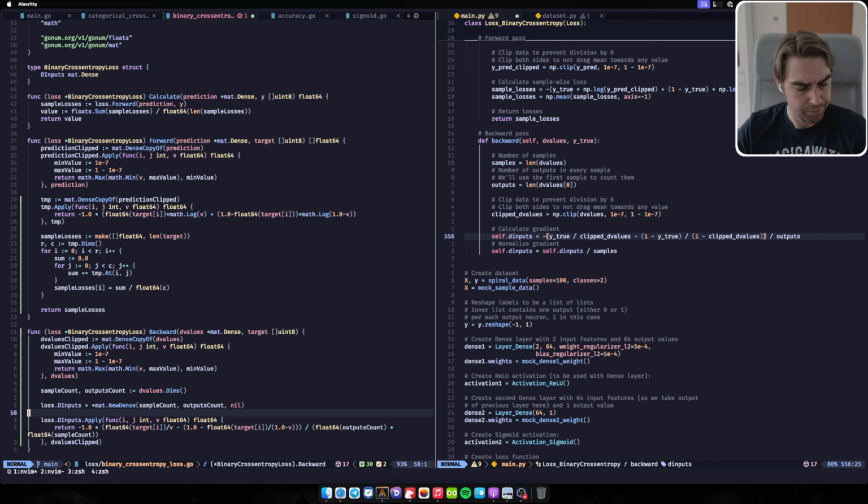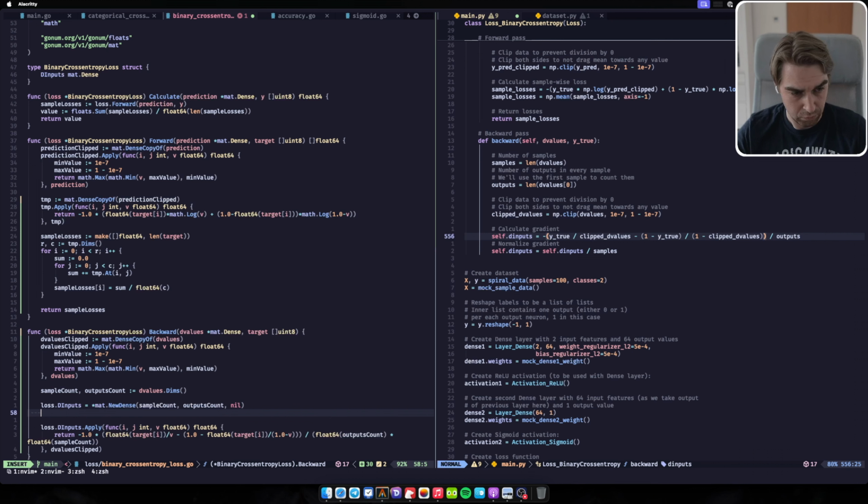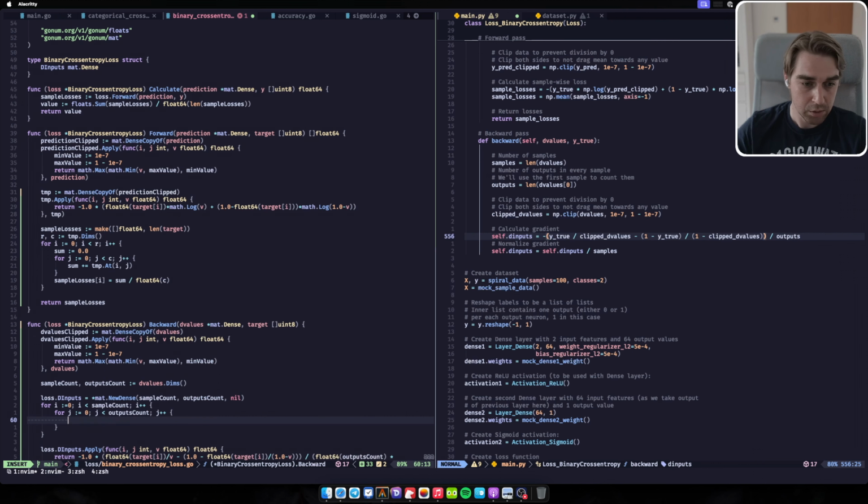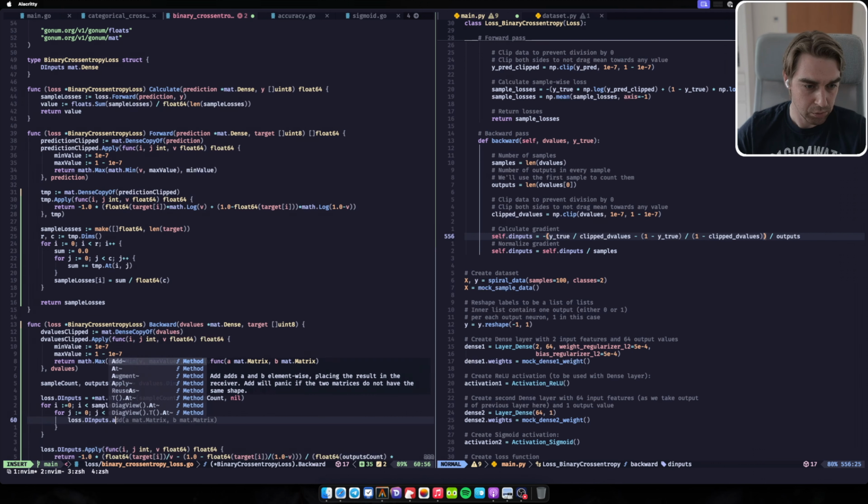For i equals to 0, i less than sample count, i plus plus, for j equal to 0, j less than output count, j plus plus, and plus the inputs.